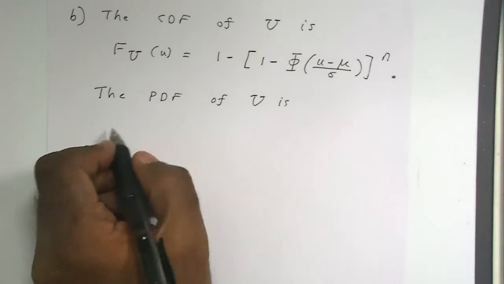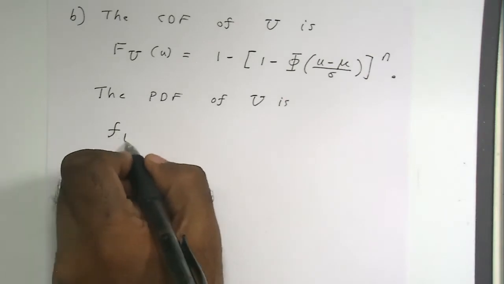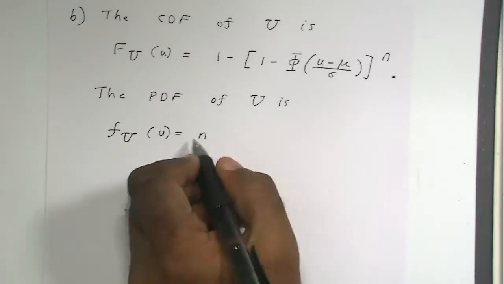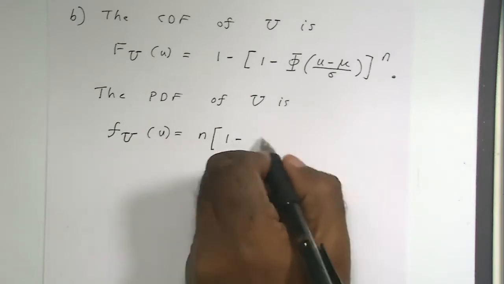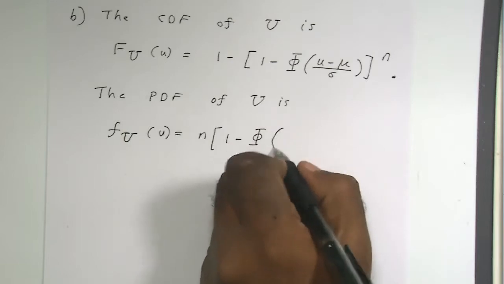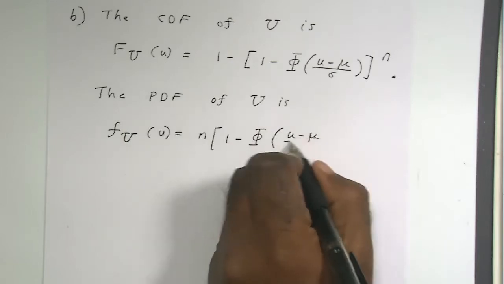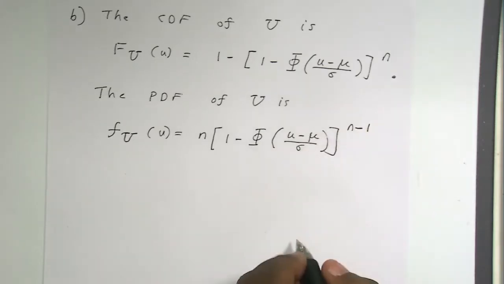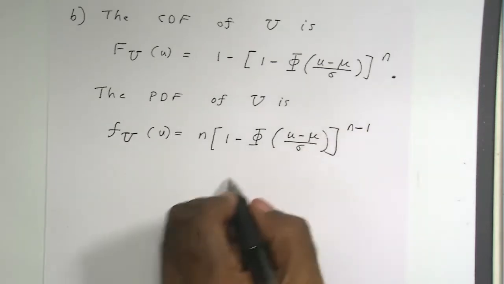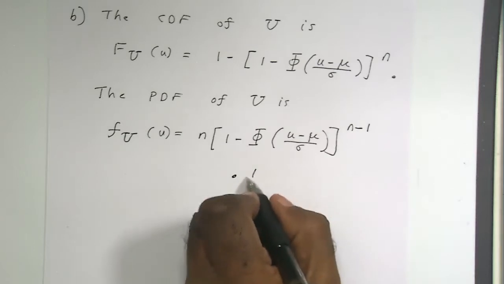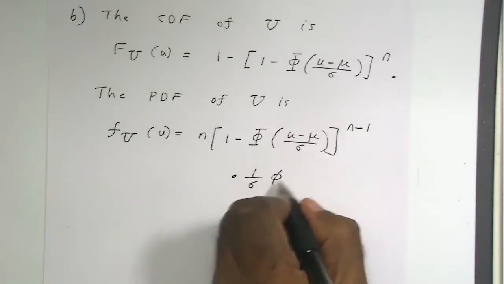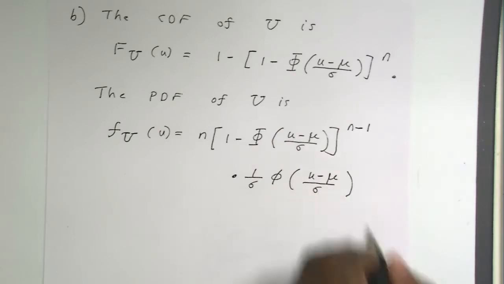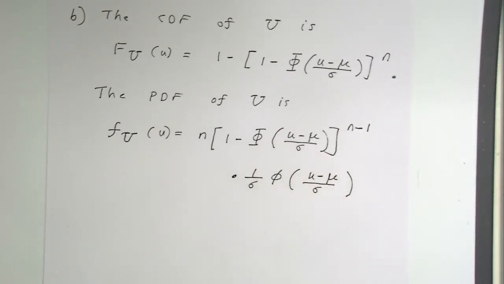So you get just the derivative of this, which is n, and you should differentiate this. You get multiplied by 1 over sigma times little phi of (u minus mu) divided by sigma. So I'm using this formula here to get this formula.